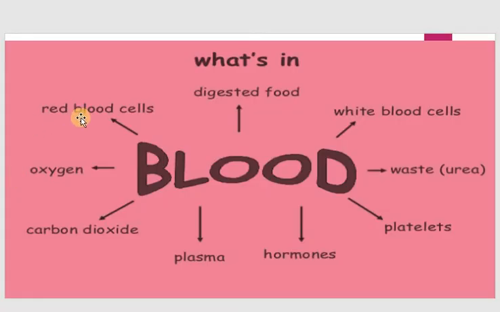Now the first component is blood. What is in blood? You can see red blood cells, white blood cells, platelets, plasma, and other materials such as oxygen, carbon dioxide, digested food, and waste.